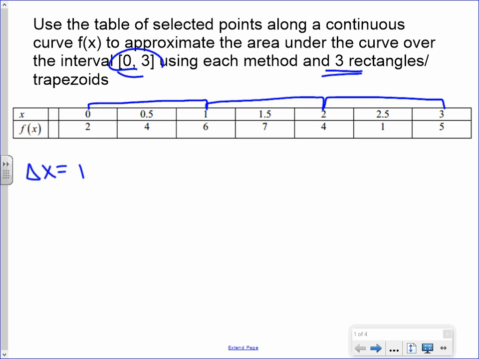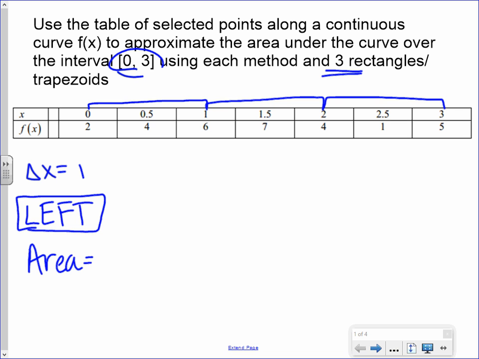Okay? So now, if we are doing left endpoint approximations, then our area, how would we calculate it? The width of each of our rectangles is 1.